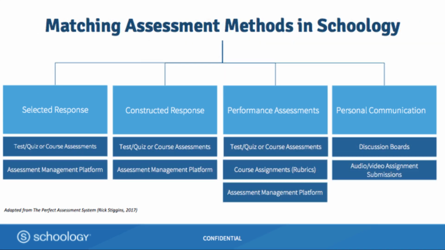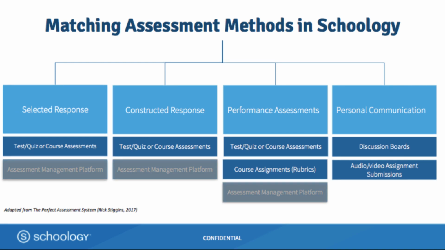How can you do different types of assessments in Schoology? We have several ways to support assessment types in the same platform you're already using for teaching and learning. At a course level, you can use test quiz or course assessments, discussion boards, and assignments. Those work well if you only need to look at data by section.